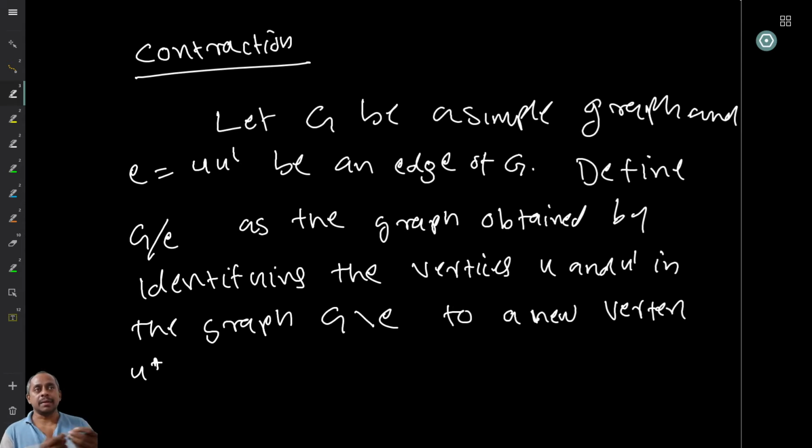The adjacency remains the same for u. All the neighbors are going to be there except the edge we just removed. And for u', all the remaining neighbors are as they are. Now I identify u and u', which becomes a single vertex. So all the neighbors of u other than u' will be there in the new graph. All the neighbors of u' other than u will also be neighbors of this new vertex. So I will get this new graph. This is called the contraction of the edge.